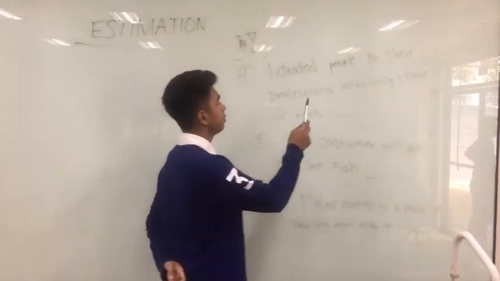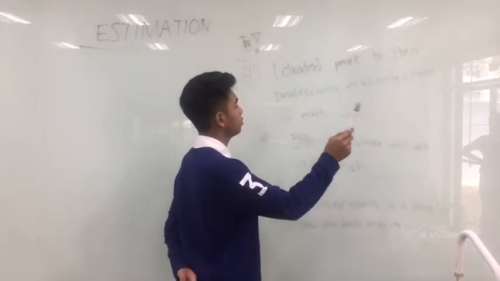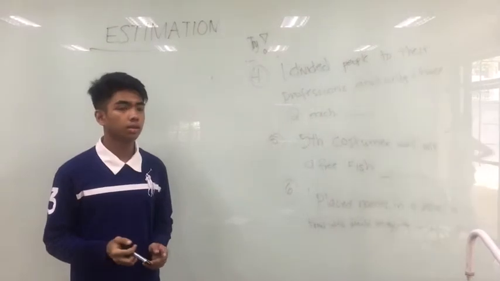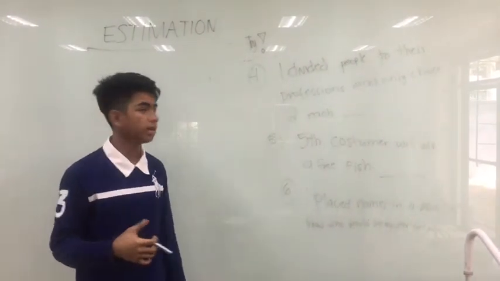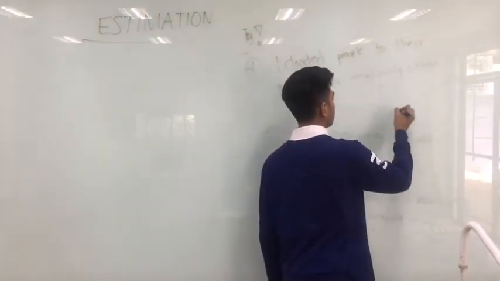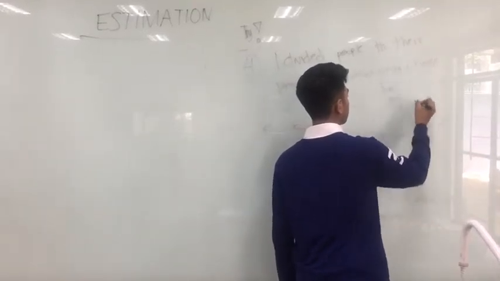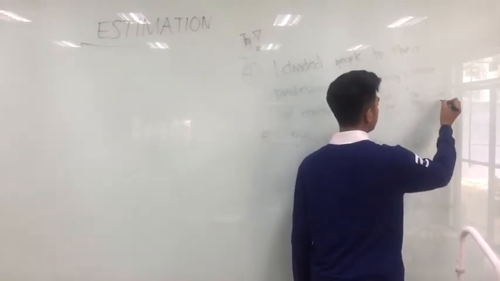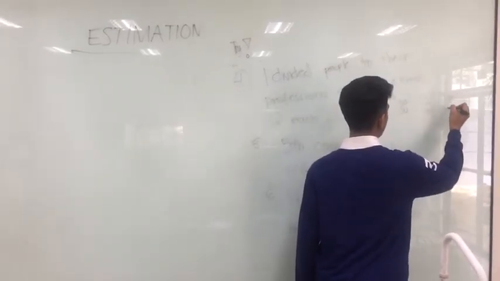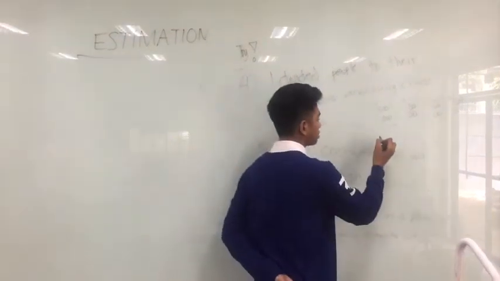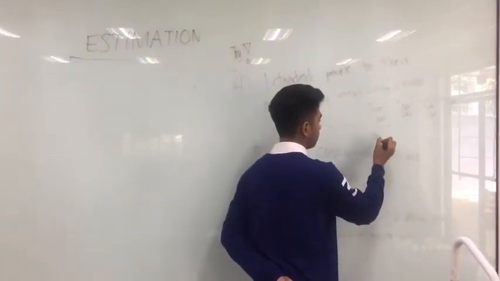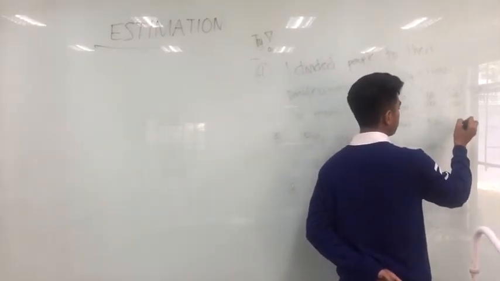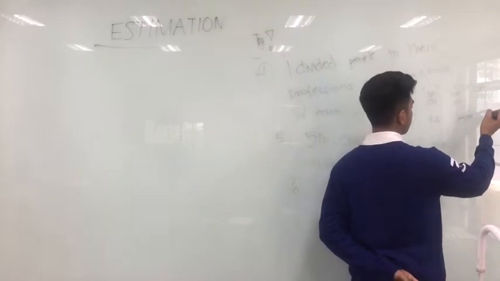So next. I divided people by their professions and only chose 2 each. So I will give you a demonstration or sample. You divide it into groups. These are pilots, flight attendants, janitor, and teacher.